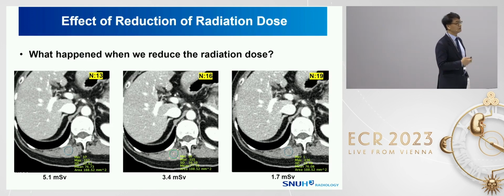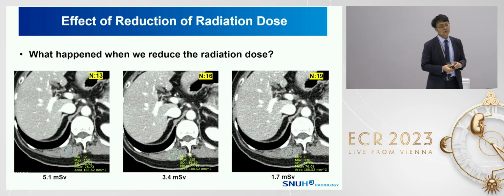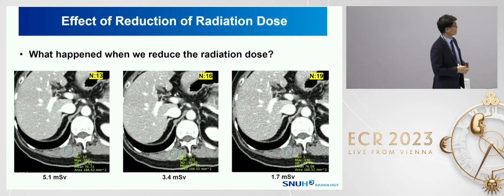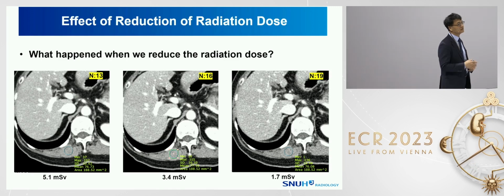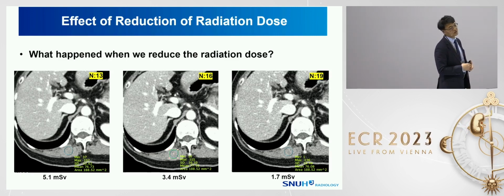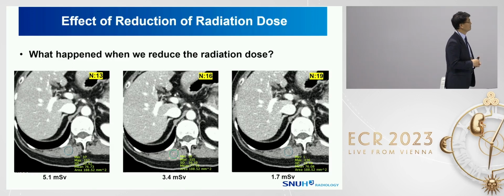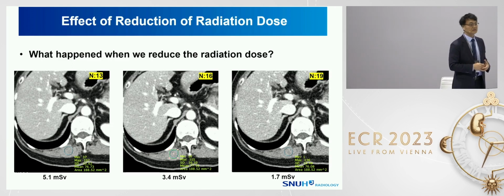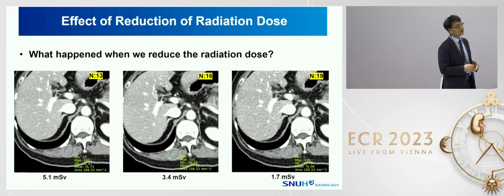Then if we reduce the radiation, what kind of effect is shown on CT images? As you can see here, compared to the 5.1 millisievert standard dose CT images, the 3.4 millisievert and 1.7 millisievert images show much higher image noise. On standard dose CT scan, the noise level is 13, but if you reduce the radiation dose by 30%, noise level is 16.